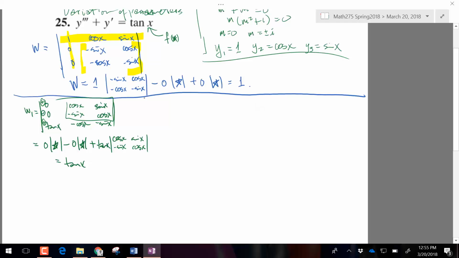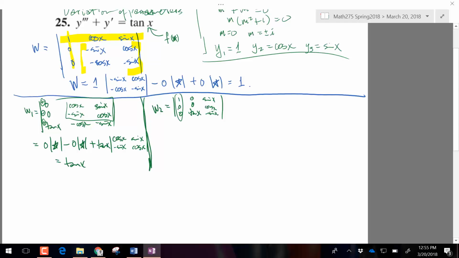That's nice. So our W2 will keep the first and third columns the same, and then the middle column, the second column, is the one that's going to change to 0, 0, f of x. And here you can expand on the first or second. It doesn't really matter.